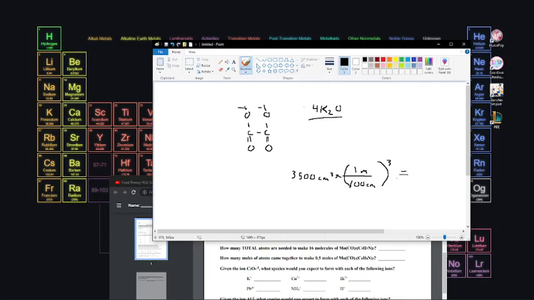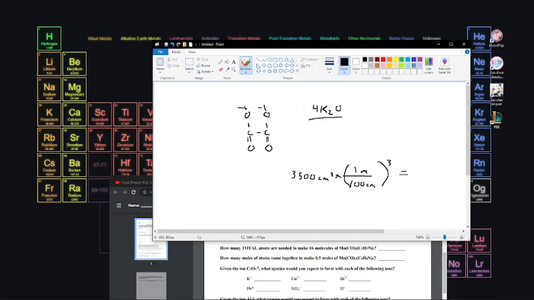So then it's like 100 cubed, which looks really weird. It's 3,500 times 1 over that, because I remember the 1 stays 1.